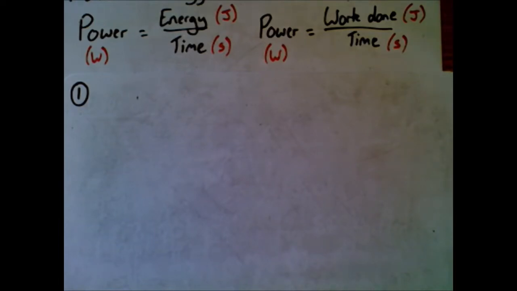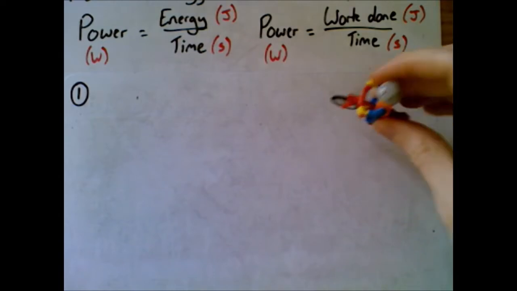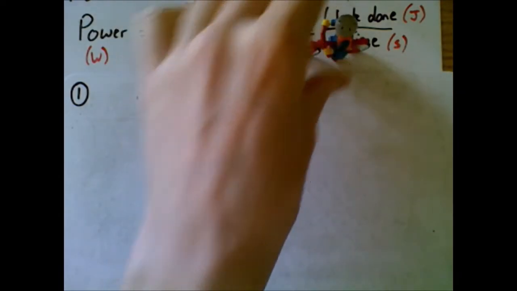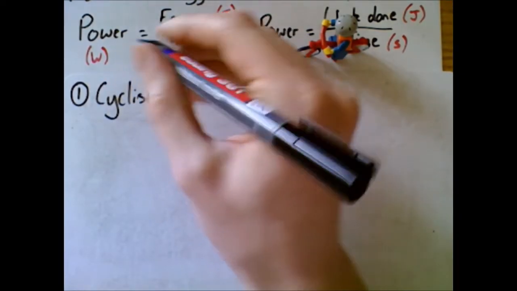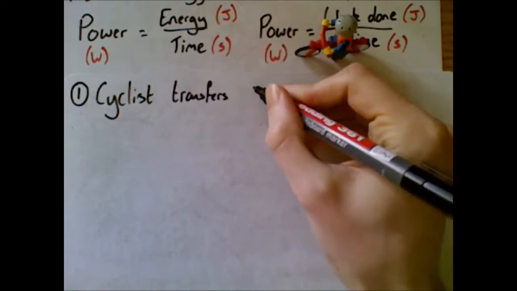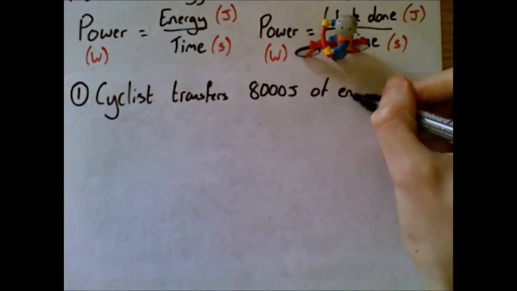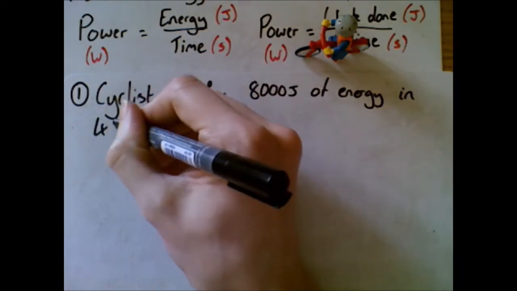Usual sort of thing then, we'll go through a few examples. For the first example, let's think about a cyclist. True to form, I've got us a cyclist here, and our cyclist is going to be cycling along, and let's say that this cyclist transfers 8,000 joules of energy in 40 seconds.